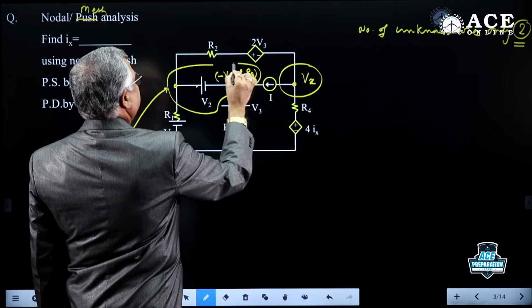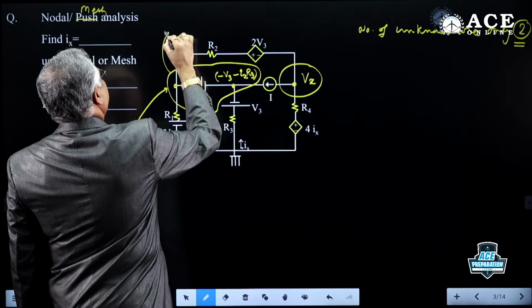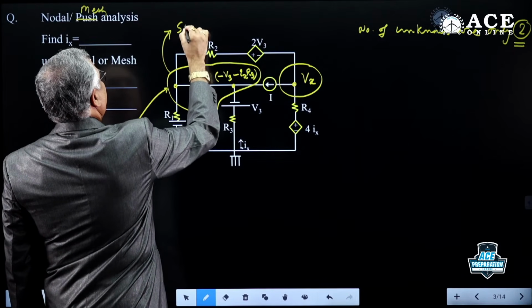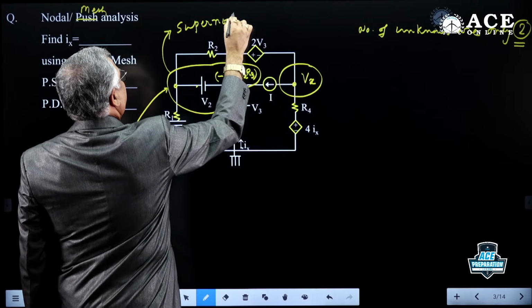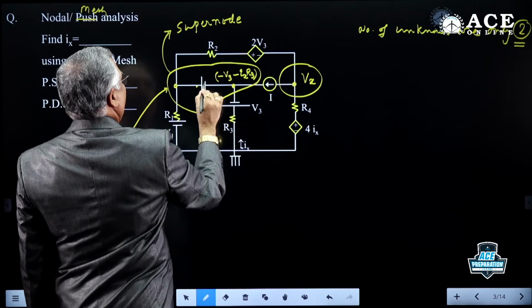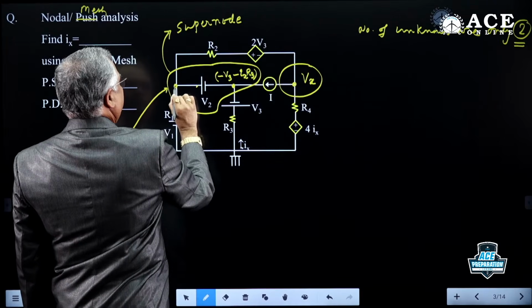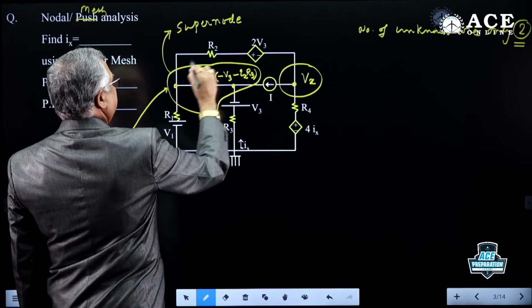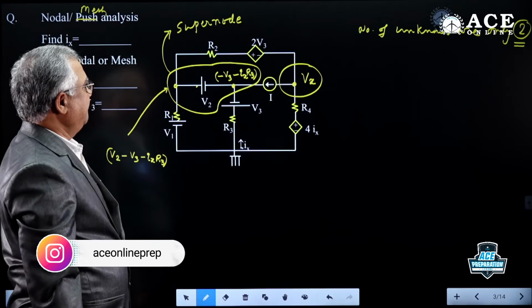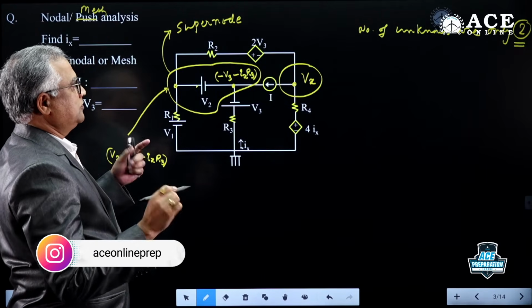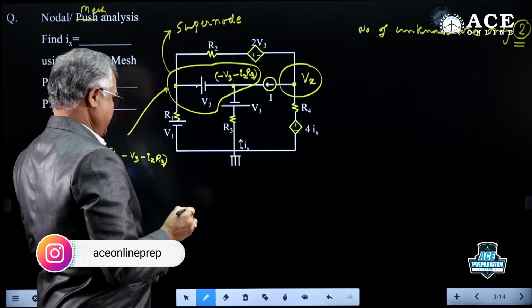This is called a super node. And two nodes, two equations.